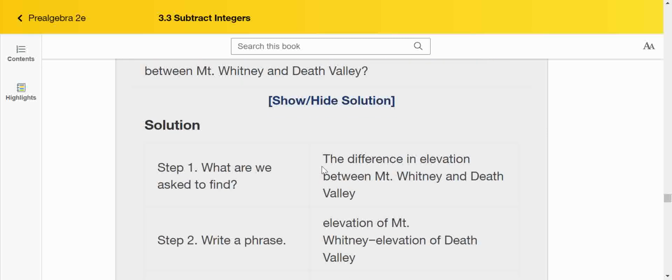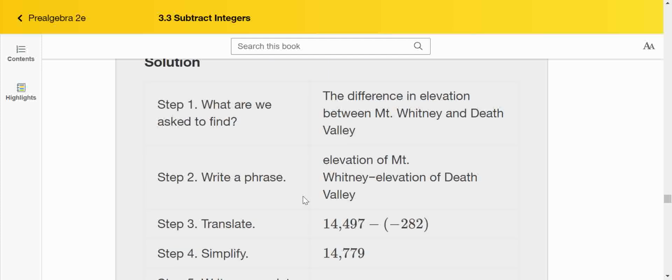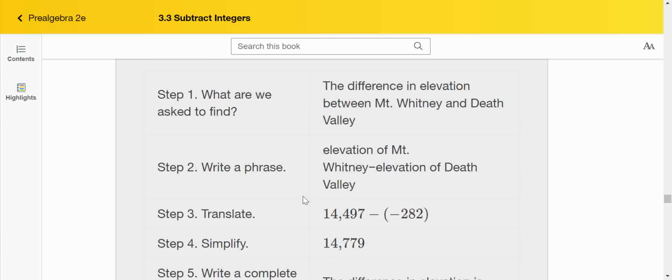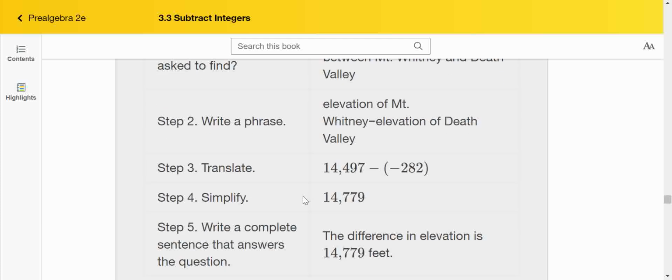Step 1. What are we asked to find? The difference in elevation between Mount Whitney and Death Valley. Step 2. Write a phrase. Elevation of Mount Whitney minus the elevation of Death Valley. Step 3. Translate. 14,497, that's the elevation of Mount Whitney, minus, is that minus?